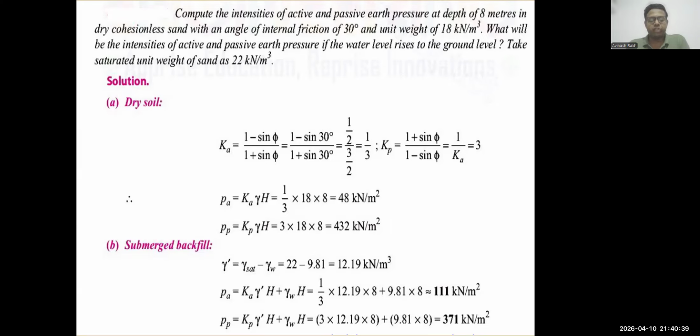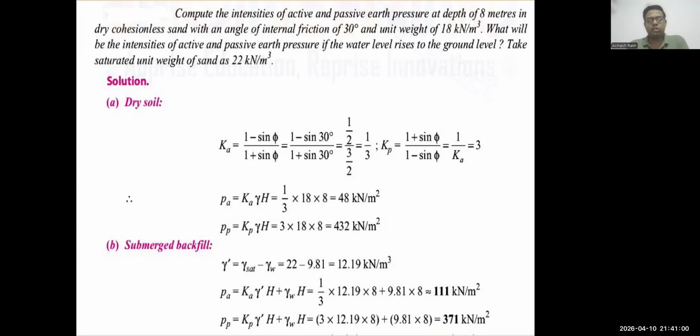First we calculate the intensity of active earth pressure, where we first consider the dry soil in the initial condition. The formula for the active earth pressure coefficient Ka equals (1 minus sin phi) upon (1 plus sin phi), where the angle is given as 30 degrees. So 1 minus sin 30 upon 1 plus sin 30.